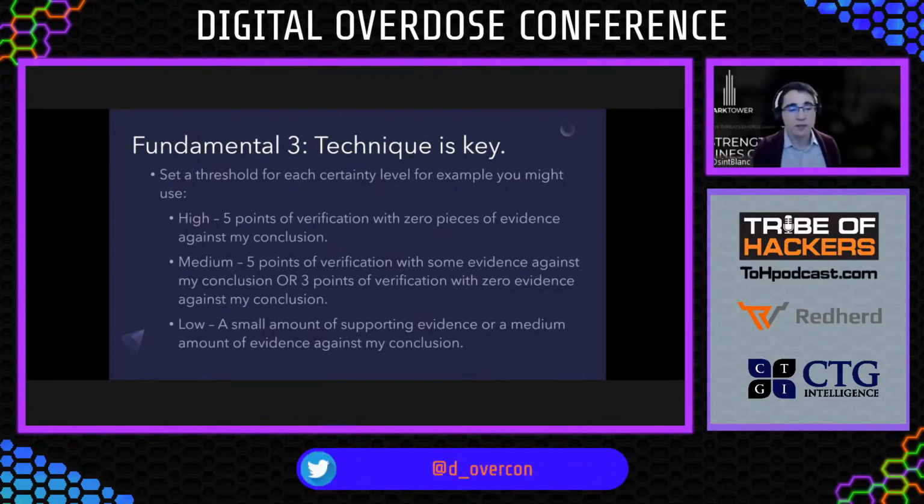So I could choose 5 points of verification with 0 pieces of evidence against my conclusion. For a medium certainty, I might do 5 points of verification with some evidence against my conclusion, or 3 points of verification with 0 evidence. For a low certainty, I would have either a small amount of supporting evidence or a medium amount of evidence against my conclusion.